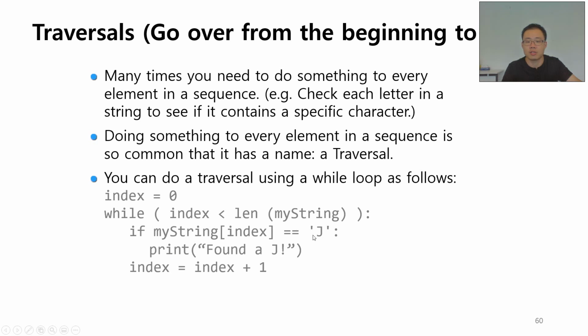If it's j, then you print, found the j. If it's not j, it doesn't execute this line. Then index will be incremented to 1, and then you check if myString 1, the second element, is j. If it's j, then you print this. If it's not, then you do not print this.